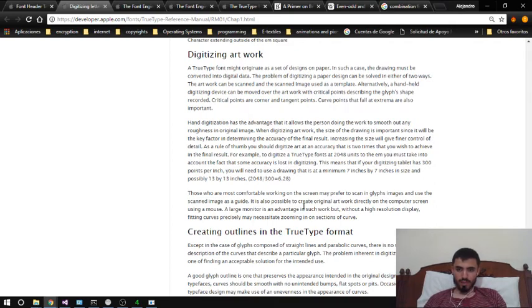So if we have 2048 units per em, that's basically point units, and then we have a ratio of 300 points per inch. How many inches do we need?